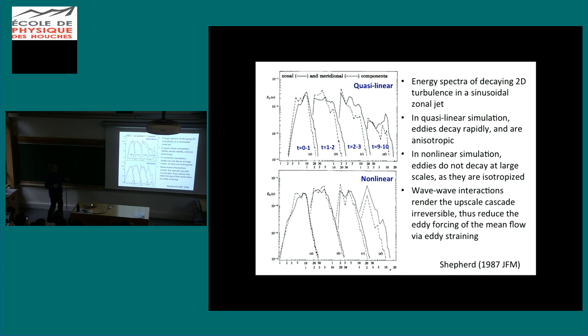It means that you break up the coherence, and the eddies grow, but they don't decay back again, because they get isotropized. So these wave-wave interactions are rendering the upscale cascade irreversible. Therefore you get less eddy forcing of the mean flow via this straining mechanism.